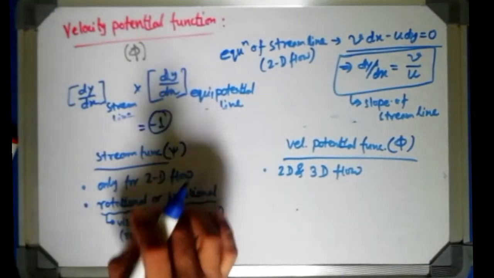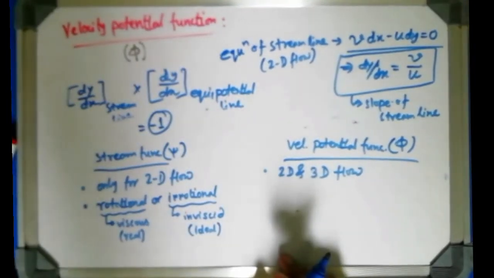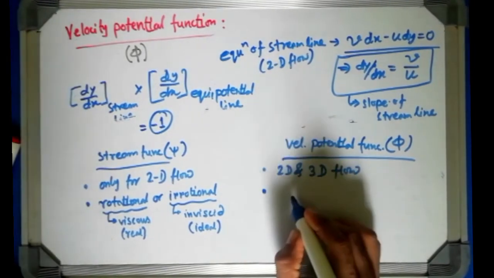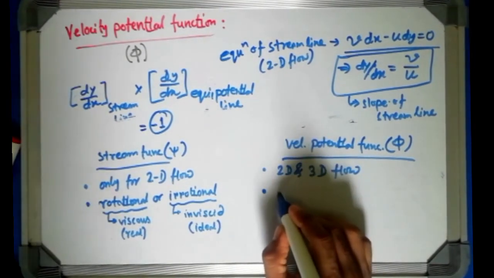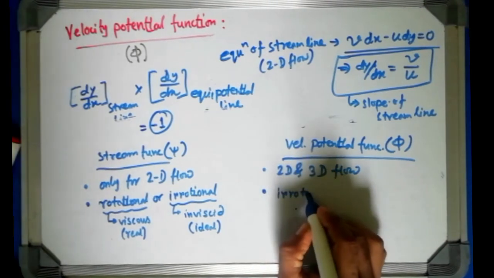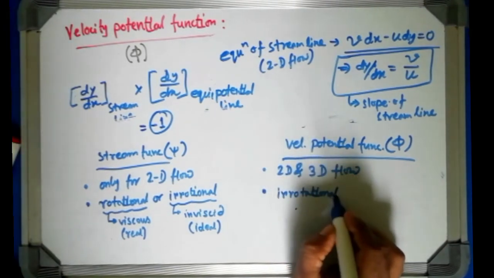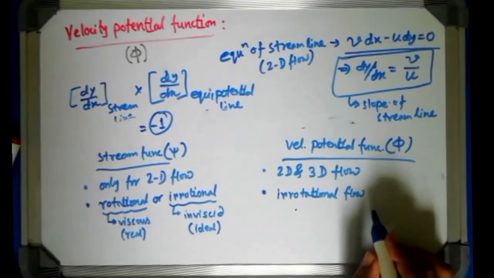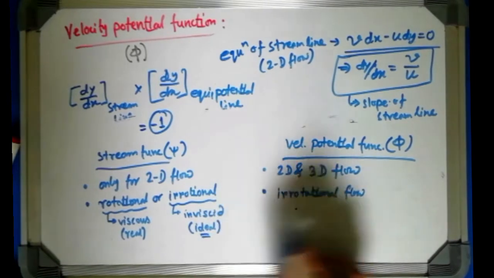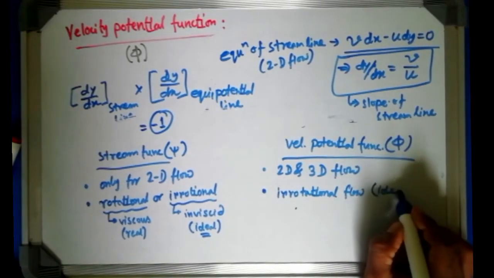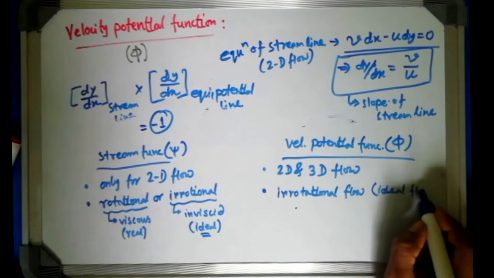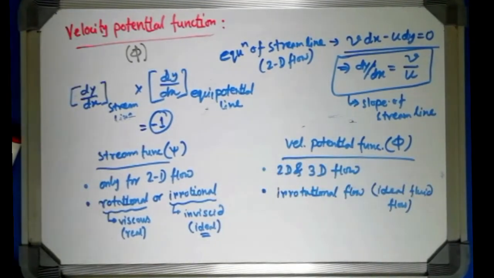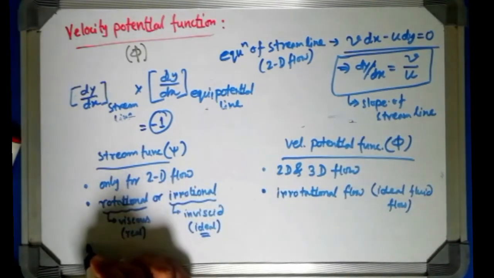However, stream function is valid for rotational and irrotational, both cases. And velocity potential function is only valid for irrotational flow. Irrotational flow means it is a kind of ideal flow, or ideal fluid flow. In this particular case, the velocity potential function exists.